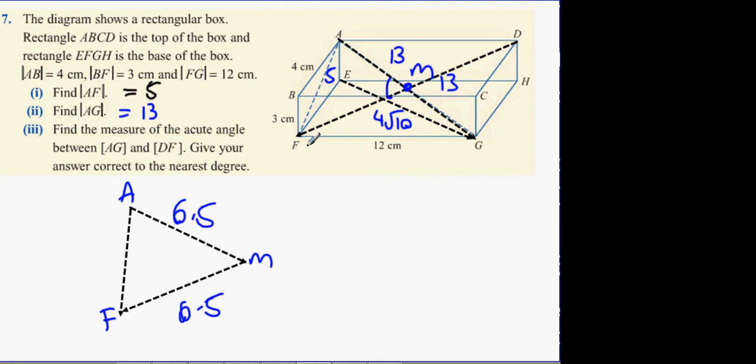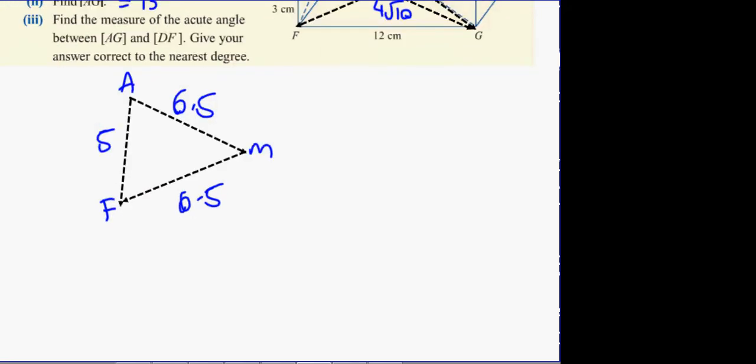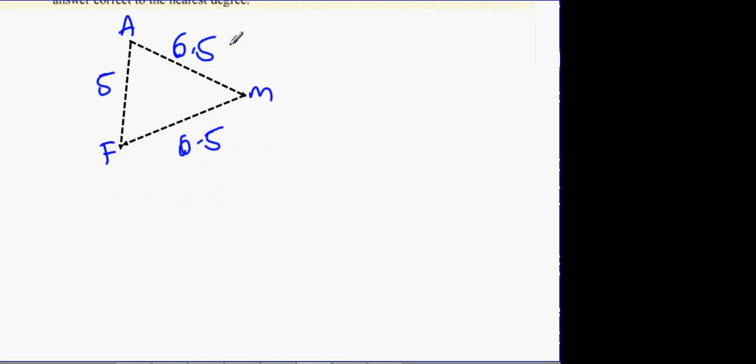What is the distance from A to F again? 5. I've got a cosine rule going on here. Will somebody look up the back of the book for the answer, please? Just to check we're on the right track.